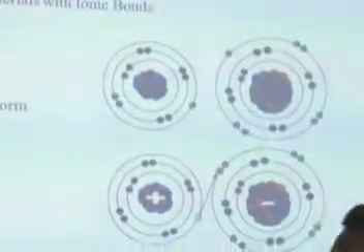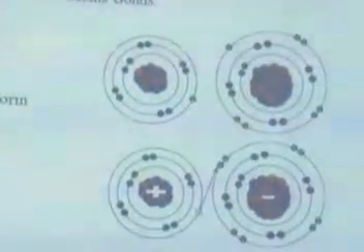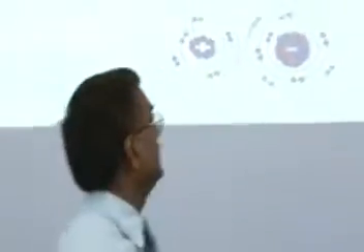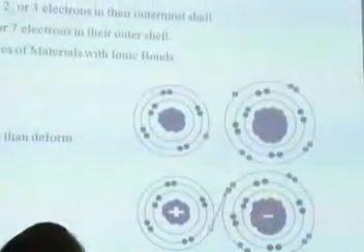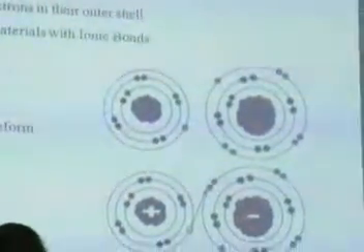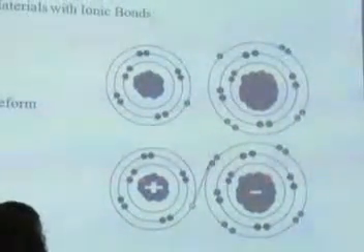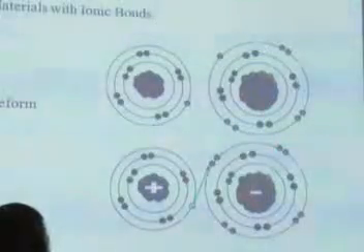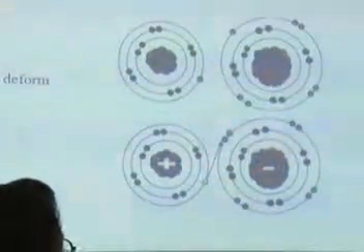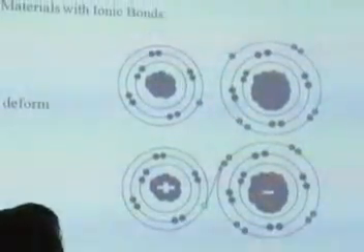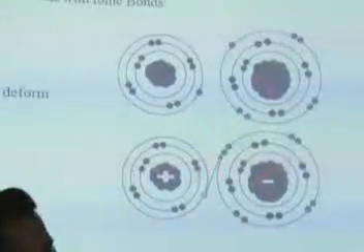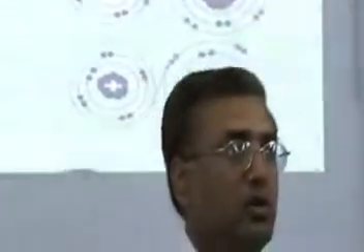If you see the nucleus, here you see at the outer orbit 1 electron, here it is more than 1 electron, and when there is a 7 and 1, there is an excess and here is a deficiency, so how they join to make a bond.